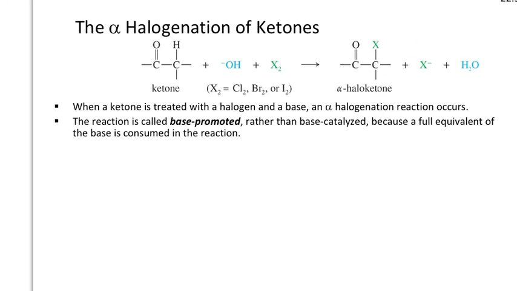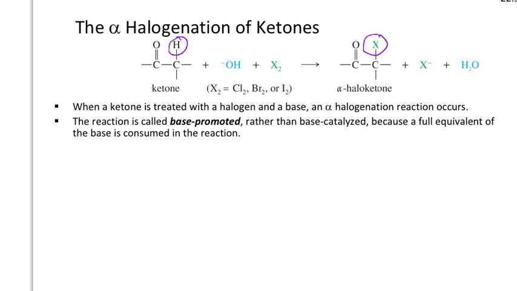The same idea is occurring with the alpha halogenation of ketones. So we are going to be able to take a base and a halogen and substitute the hydrogen, that is alpha, on the alpha position with an X. Let's start with the base promoted reaction because we need a full equivalent of base.